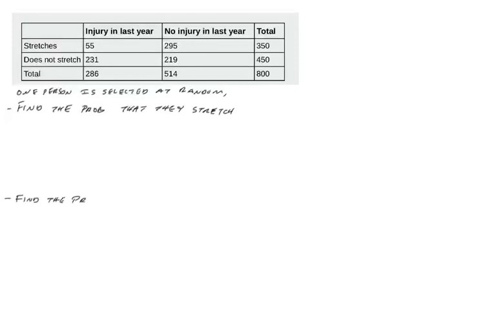Let's also do another one here. Find the probability that they had no injury. We're also going to try to find the probability that they stretch and had no injury.